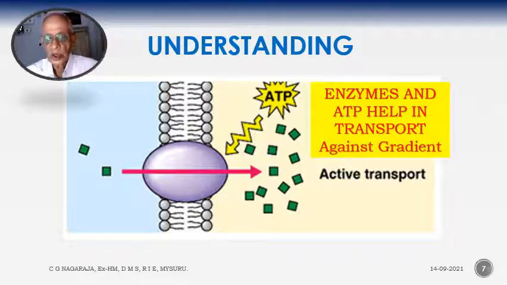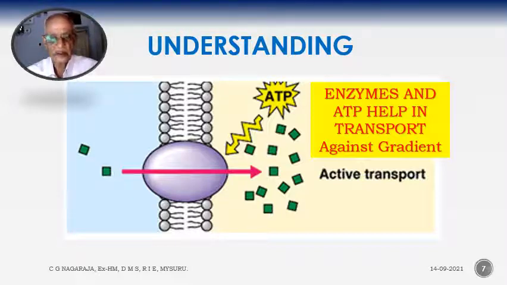That is the two layers of the plasma membrane, inside and outside, and the red arrow indicates a pore, and through that pore sometimes the molecules from inside the cell may have to move to the outside of the cell. In that condition, there is a requirement of enzymes for that, and also ATP, that is, energy has to be given.